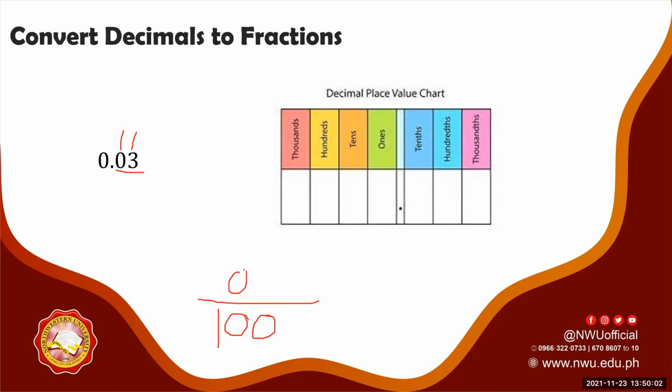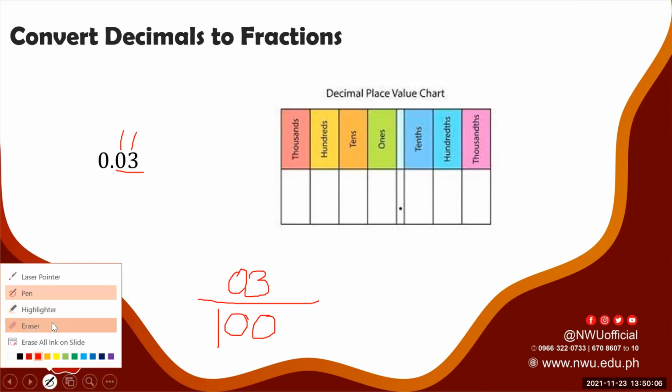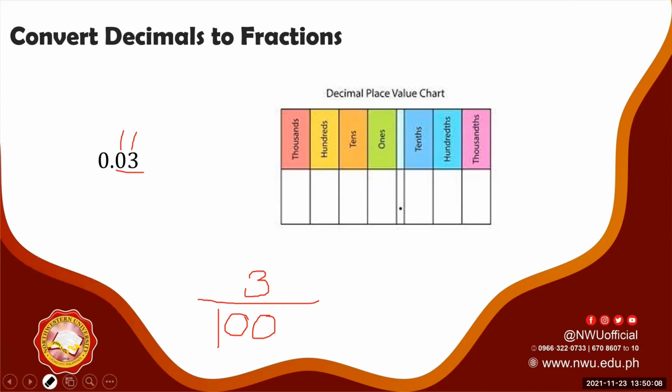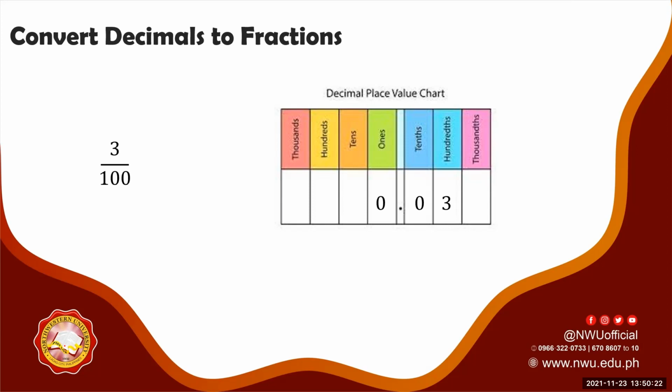Since we have 0, 3, we can just remove the 0 and that would leave you 3 over 100. If you would like to double check, you can use your calculators and you will still get an equivalent fraction of 0.03 to be 3 over 100.